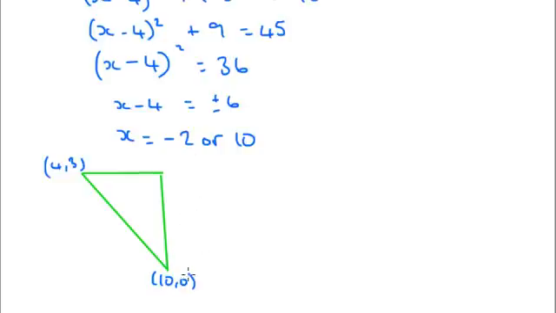So the height, so what are we going from? We're going from 0 to 3, and we're going from 4 to 10. So the gradient of the radius is −3 over 6, negative a half.